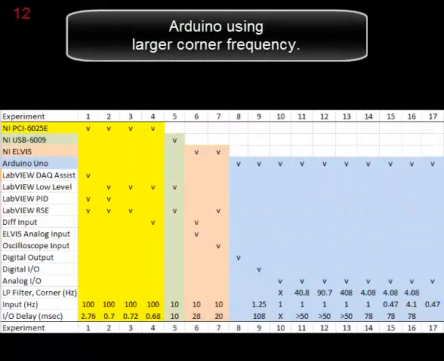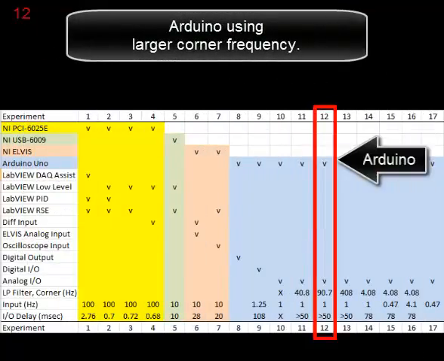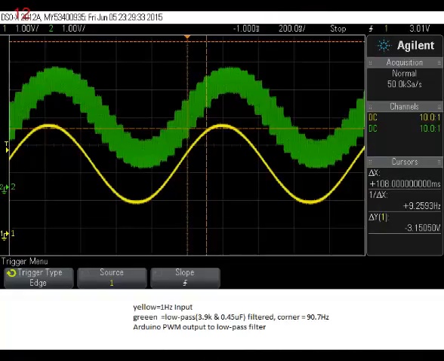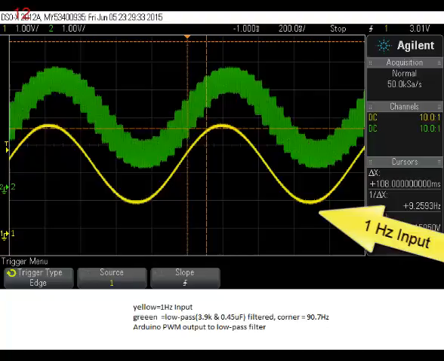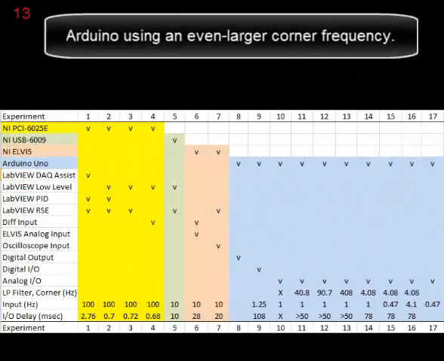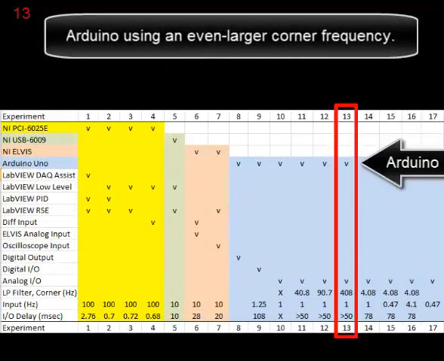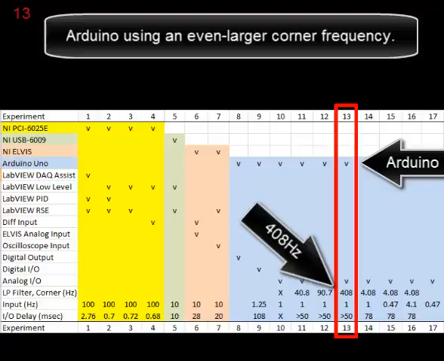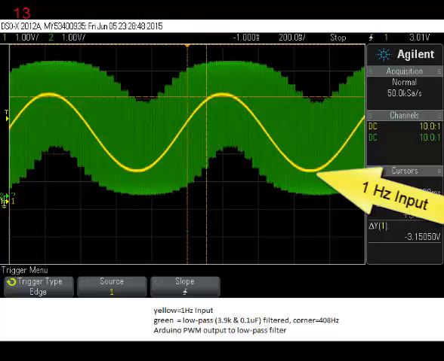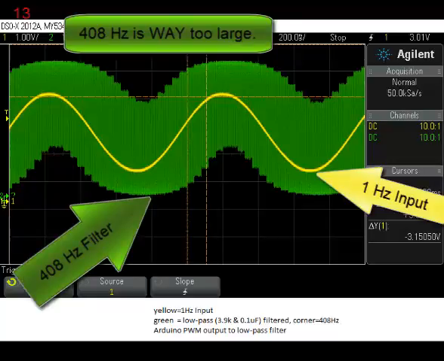Make the corner frequency even larger, 90.7 Hertz. 90.7 Hertz is too large also. Now make the corner frequency even larger, 408 Hertz. 408 Hertz is way too large.